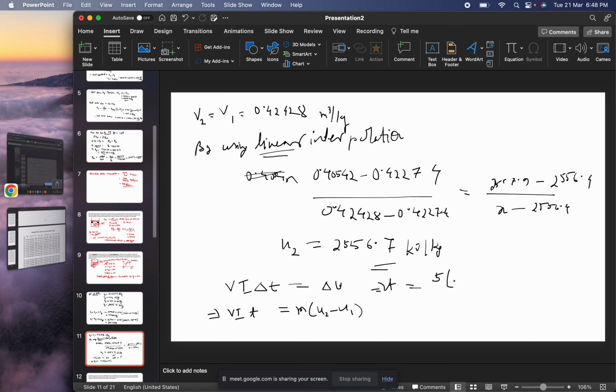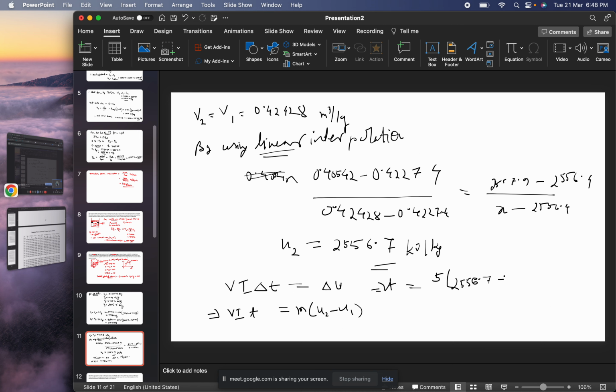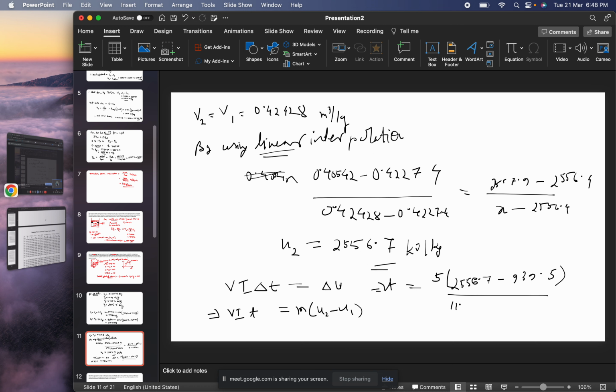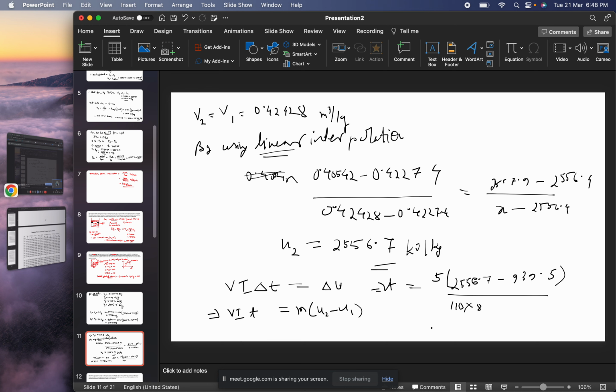Your u2 is 2556.7 minus your u1 is 939.5, divided by v, which is 110 volt, and your I is 8 ampere. Doing this you'll get the time in seconds.